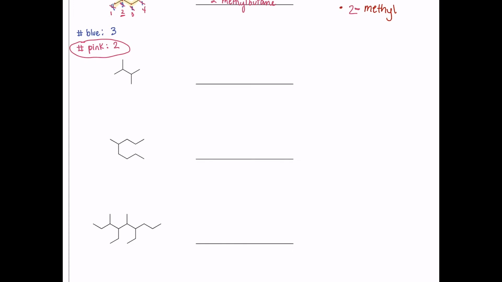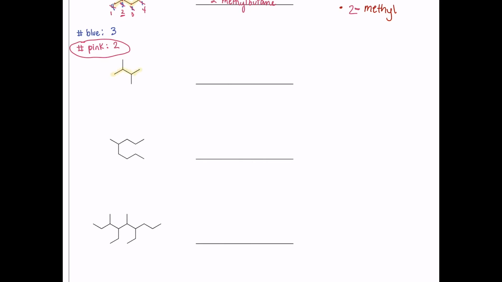Looking at the next one, I can see that my parent chain could be this or this, it doesn't matter, because both of these are methyl groups, so it doesn't matter which one of those you use. You'll still get the same answer.